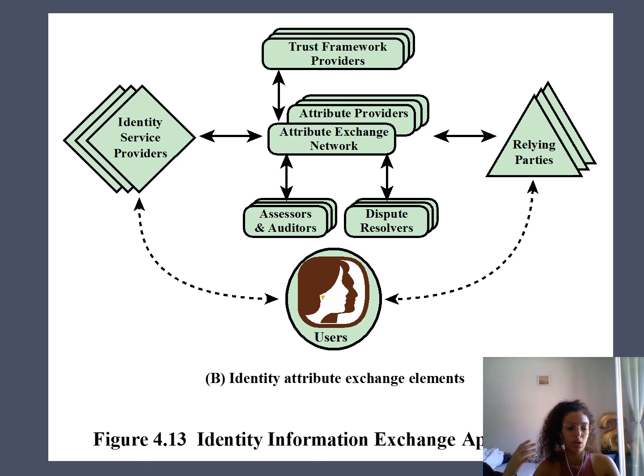We have the attribute providers, which are the entities acknowledged by the community of interest as being able to verify given attributes as presented by subjects, and which are equipped through the AXN to create conformant attribute credentials according to rules and agreements of the AXN.